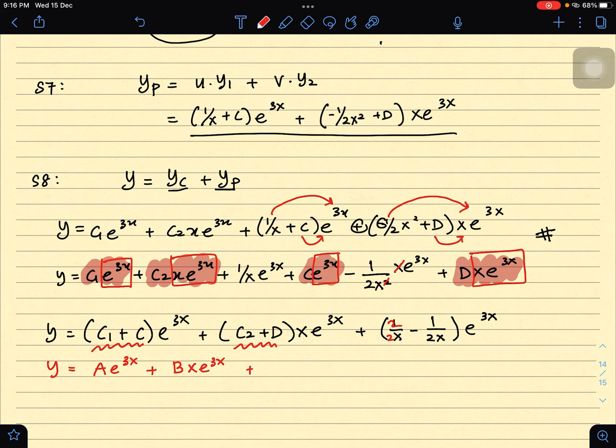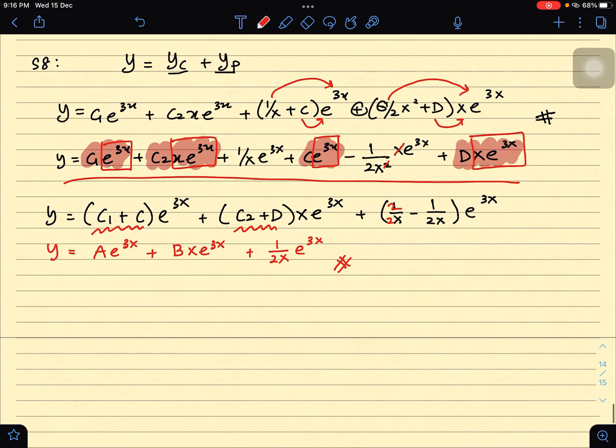Awak akan dapat 1/2 2x exponent 3x. So inilah dia punya solution. Akhir sekali daripada panjang tadi, kita dah simplify dia jadi sangat simple. So inilah dia general solution for your non-homogeneous higher order differential equation.